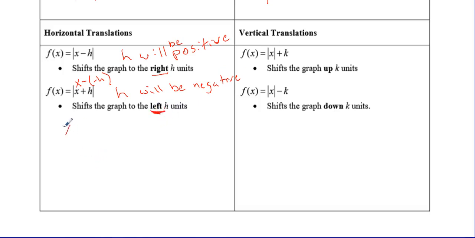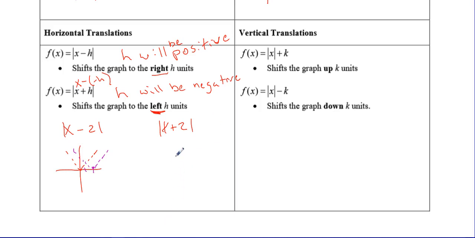So again, if I have x minus 2, or I have x plus 2 inside the absolute value, we can just do a quick graph of what the parent function would look like here. And if this is right 2, so the vertex is now here, and my graph is now shifted to the right 2.